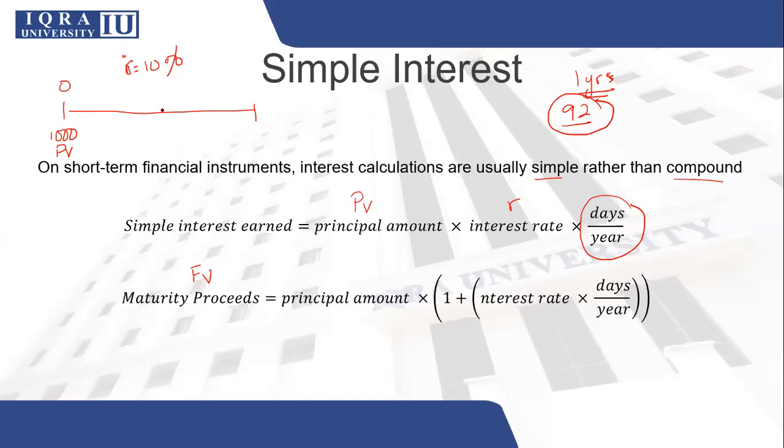If I've invested this amount for, let's say, 92 days, then what is the future value? You can calculate how much the maturity proceeds will be by using this formula: principal amount times (1 plus interest rate times days over year). Now let's look at an example to understand this better.